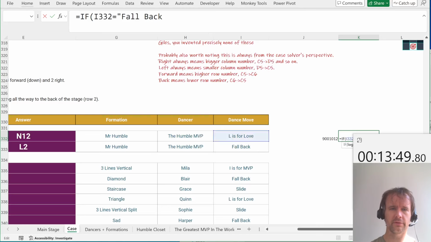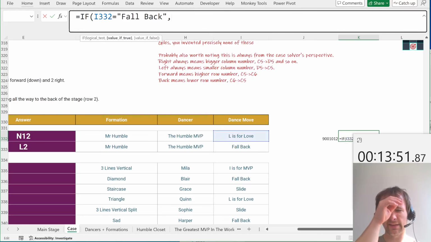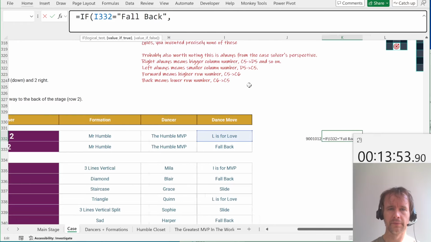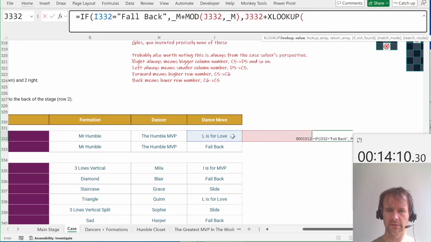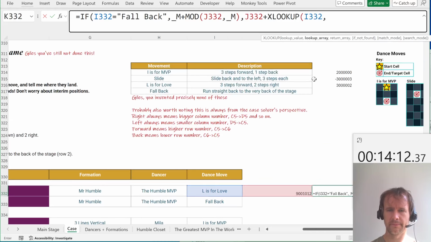I know it's not case sensitive, but I'm pedantic. Then it's going to be M plus mod this by M by M. Otherwise, it's going to be this plus XLOOKUP this in here, lock, returning from here, lock.